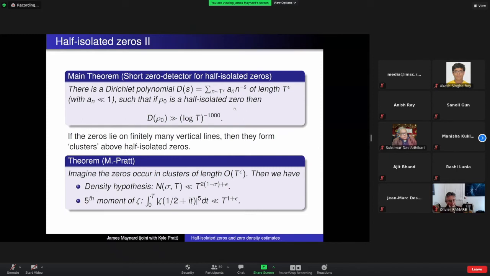Okay, seeing no questions or objections, I'll assume that everyone is happy with the main statement, and I'll move on to talk about some of the ideas that go into this argument.